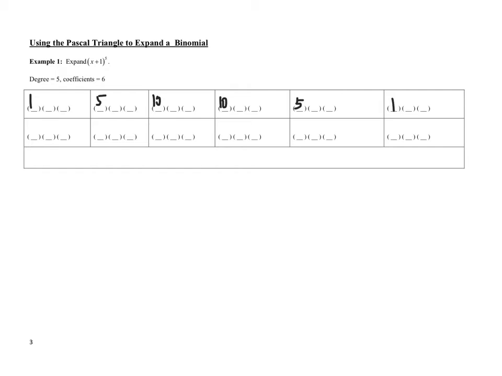And then I'm going to start here with x raised to power 5. This is x raised to power 4, x raised to power 3, x squared, x to power 1, and this is x raised to 0.